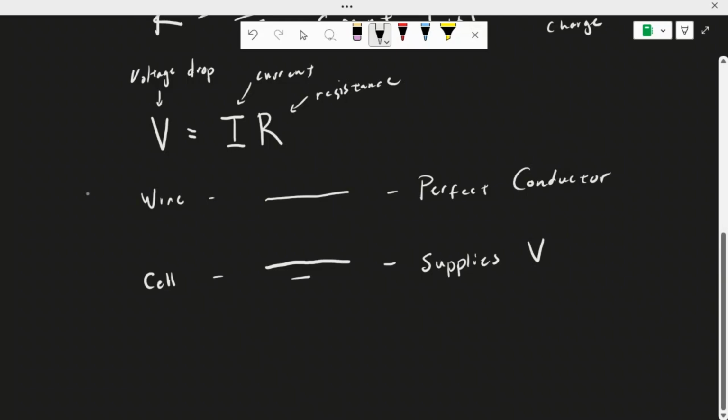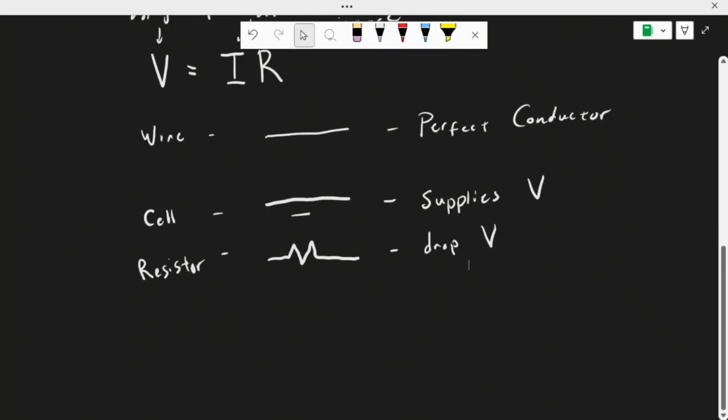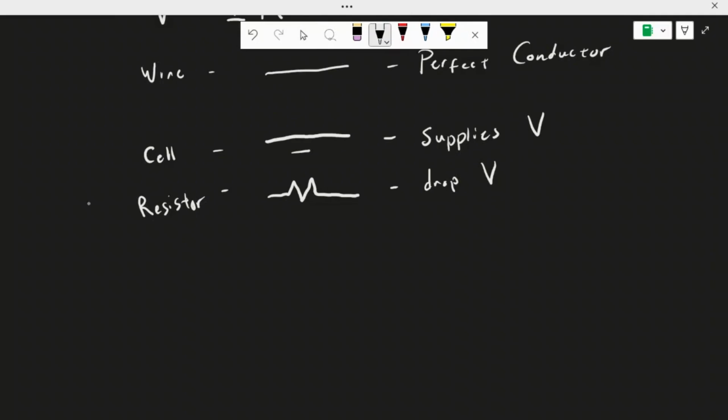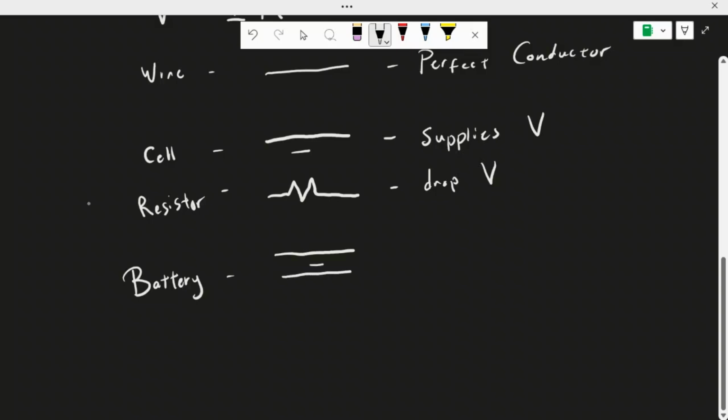We'll get some resistance, so we'll call a resistor. This symbol, which is kind of a cool one, this will drop some voltage. And so that's pretty much all the things we need. You can also get a collection of cells, which is called a battery. And you just denote that by having multiple cells in line.